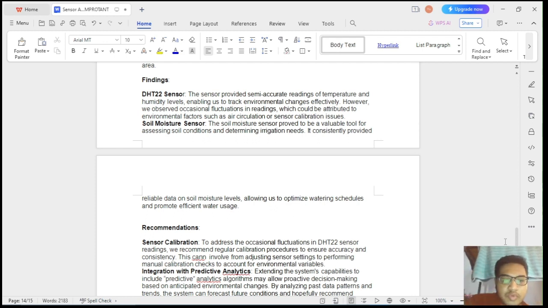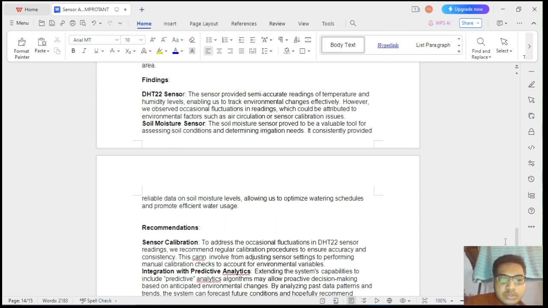Of course, during the observation, there was fluctuation which could be attributed to the environment, like my own breath and the fans in my room, which can fluctuate the readings a bit.